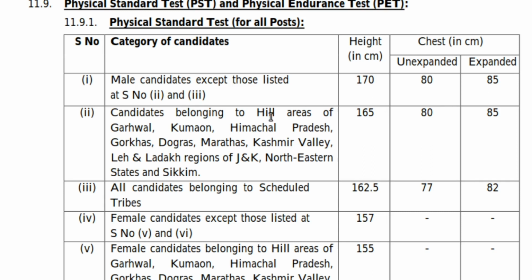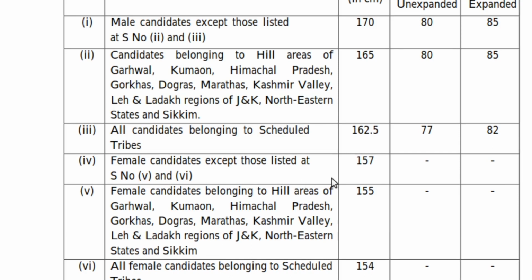But there are two exceptions given in 2 and 3, for people belonging to a certain area that is given here, and those belonging to a scheduled tribe. Similarly, for female candidates, the minimum height requirement is 157 centimeters, and they also have some exceptions, like females belonging to hilly areas and those belonging to a scheduled tribe, that are given here respectively.